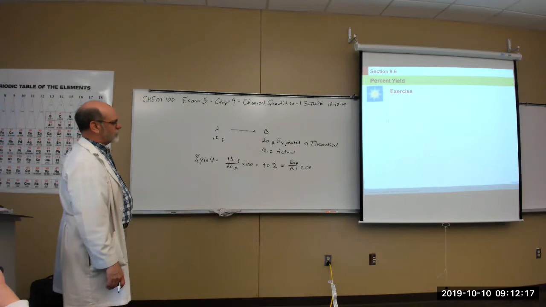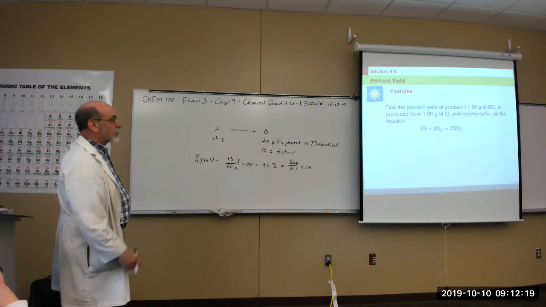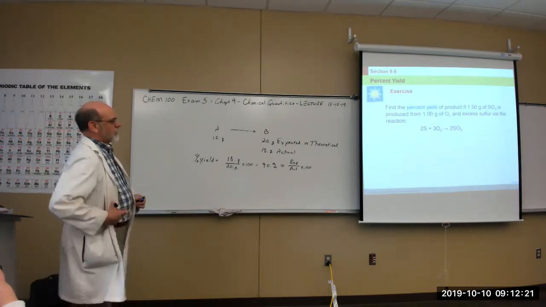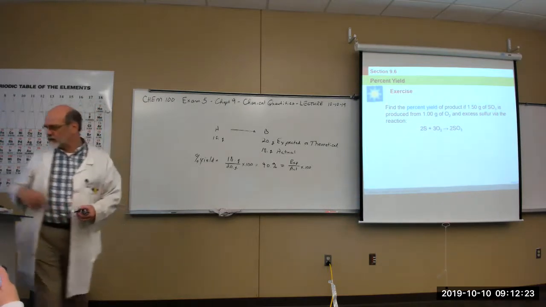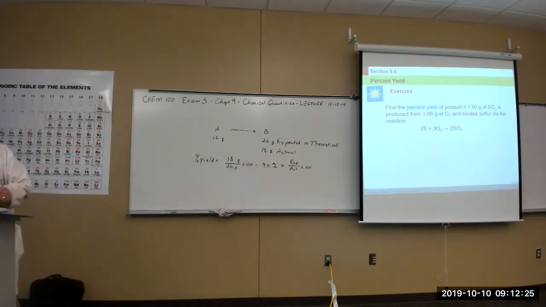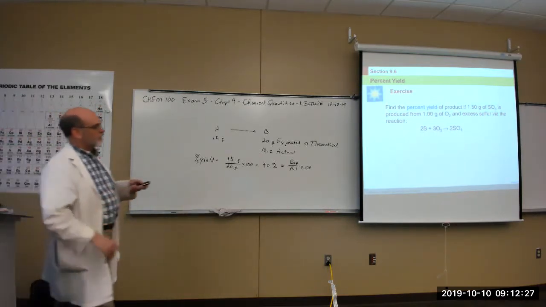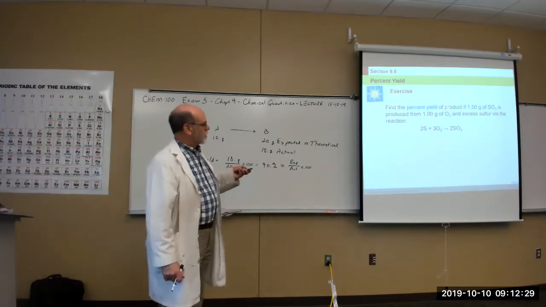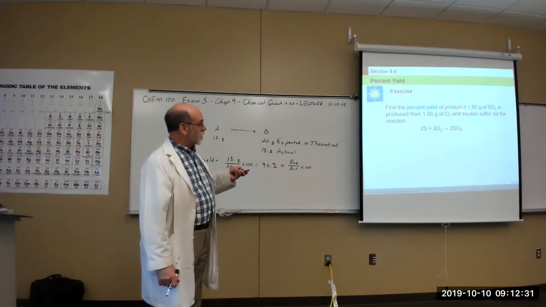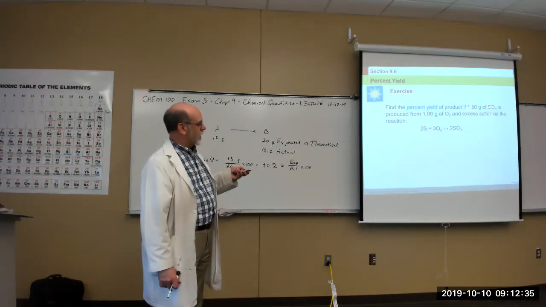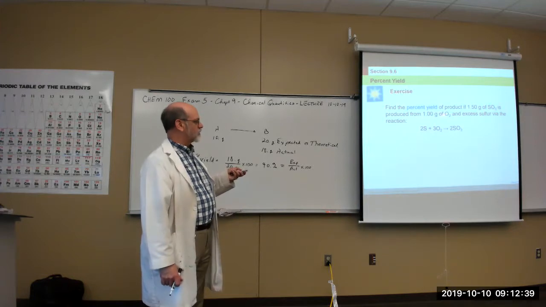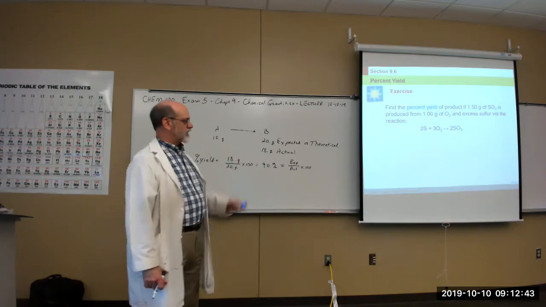Okay, here we go. So this one asks you for the percent yield if you get 1.5 grams of sulfur trioxide from 1 gram of oxygen and excess sulfur, then what's the percent yield?